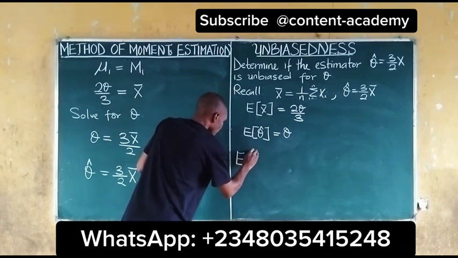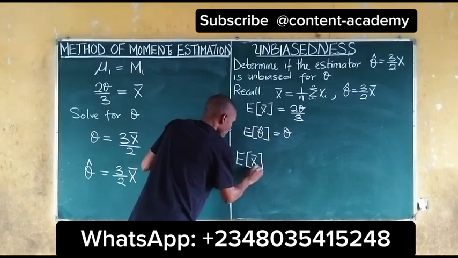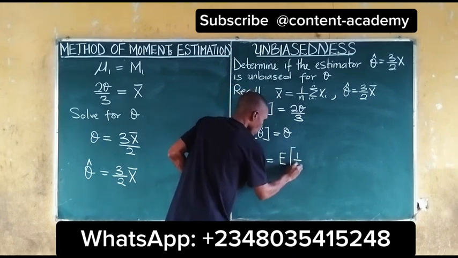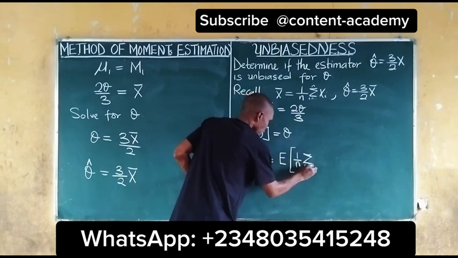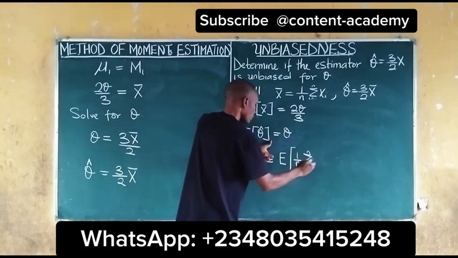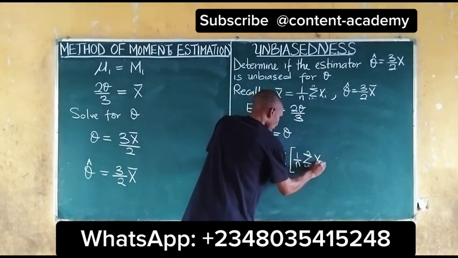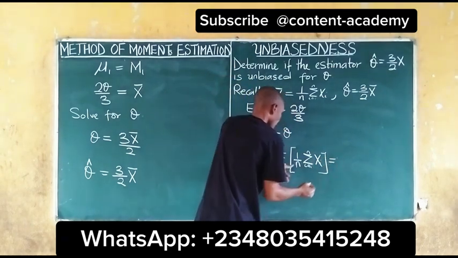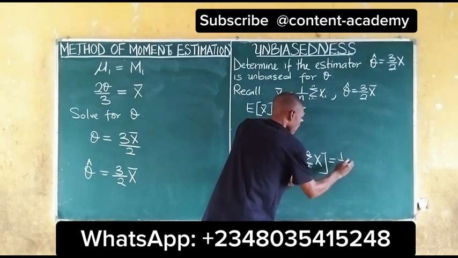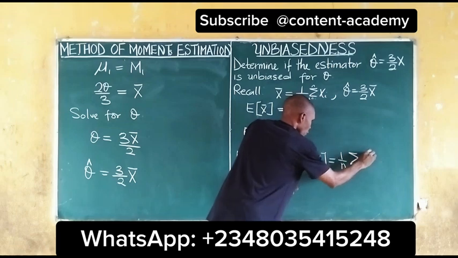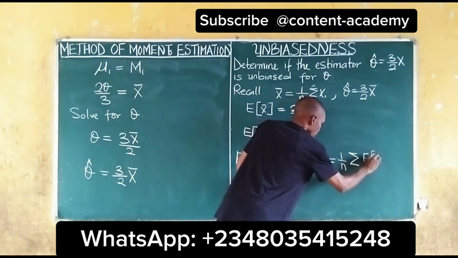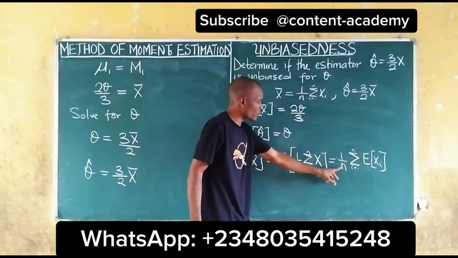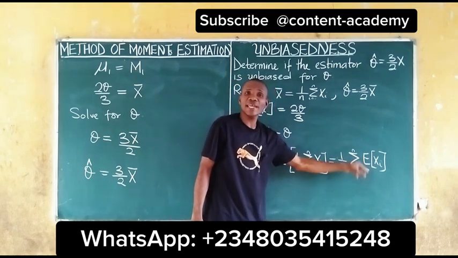We can recall that the expectation of x bar is equal to the expectation of 1 over n summation of i running from 1 to n of xi, which is the same thing as 1 over n summation of the expectation of xi as i runs from 1 to n. Of course, if we sum a constant, we get n.